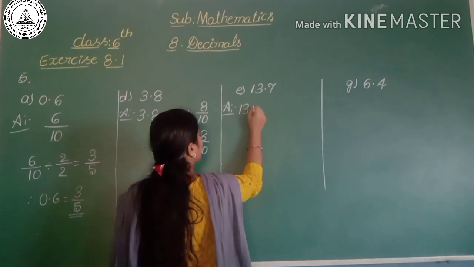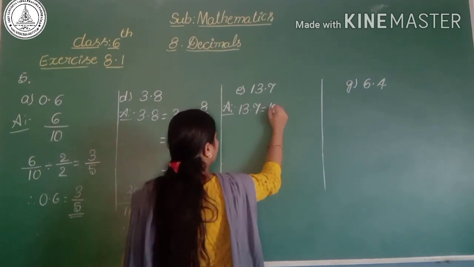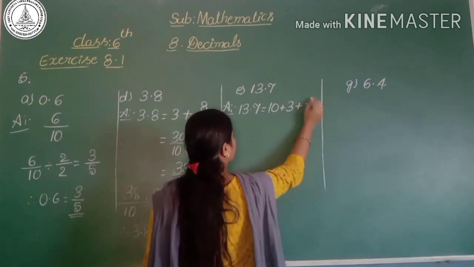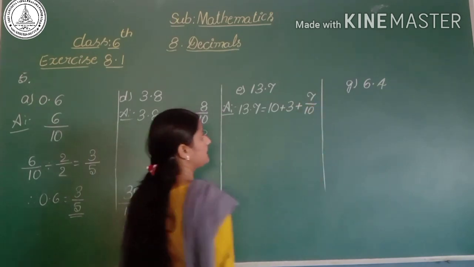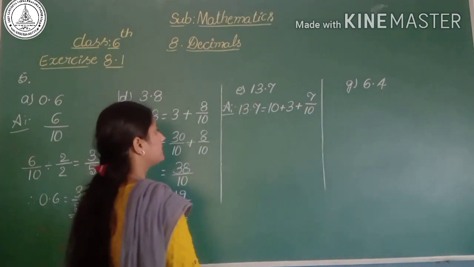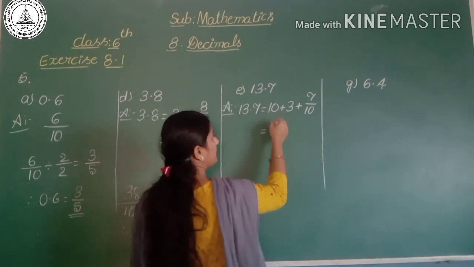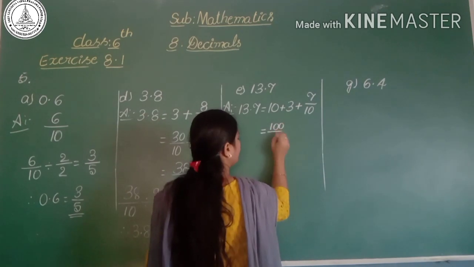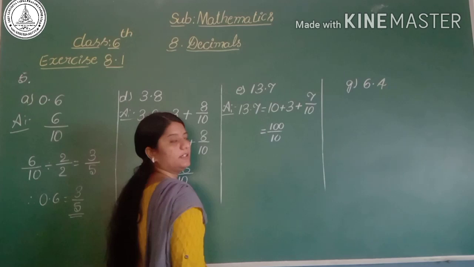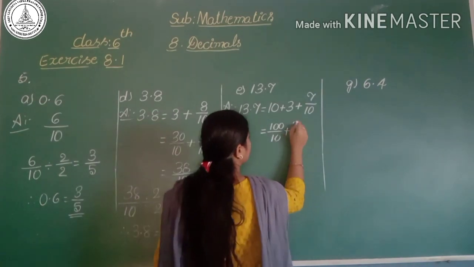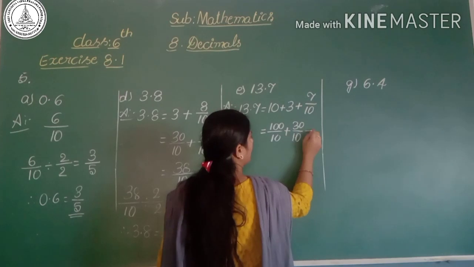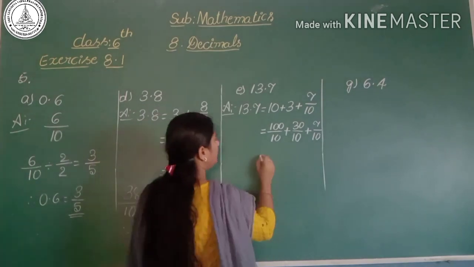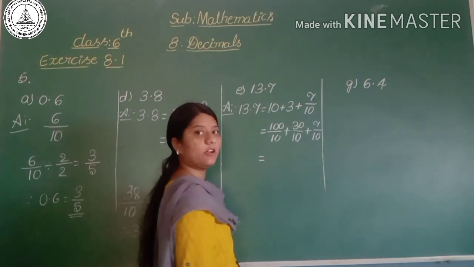So we can write 13.7 as 1 ten plus 3 ones plus 7 tenths. 10 can be written as 100 by 10, since 10 tens are 100. And 3 can be written as 30 by 10, plus 7 by 10. Now the denominator is 10, 10, 10. These three are like fractions.